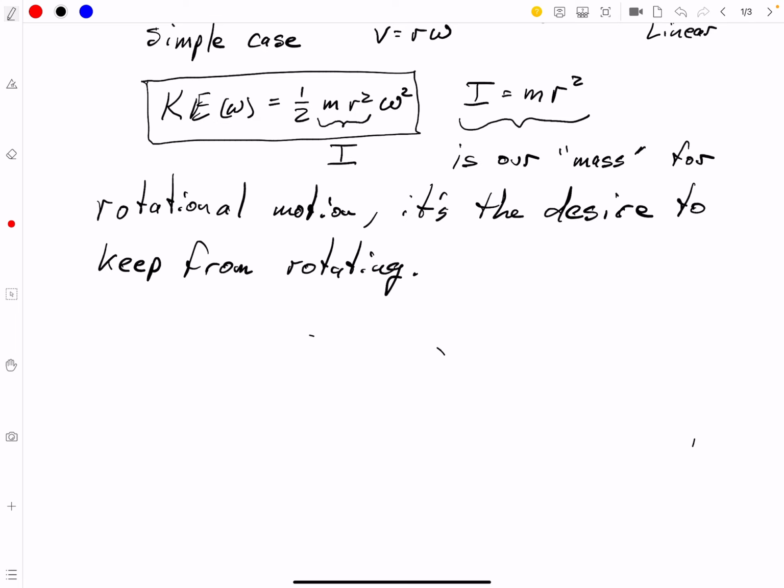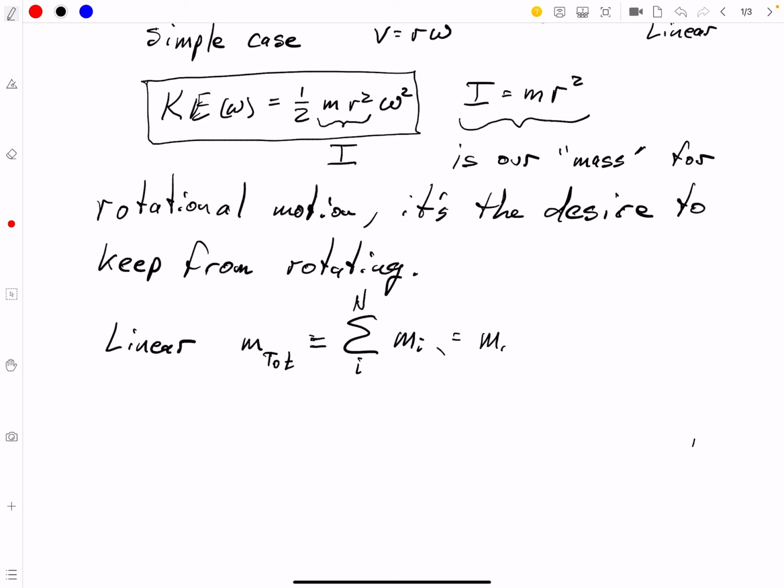Okay, well, when we're dealing with linear stuff, we have mass, and the mass total is equal to the sum of all the masses from 1 to n.